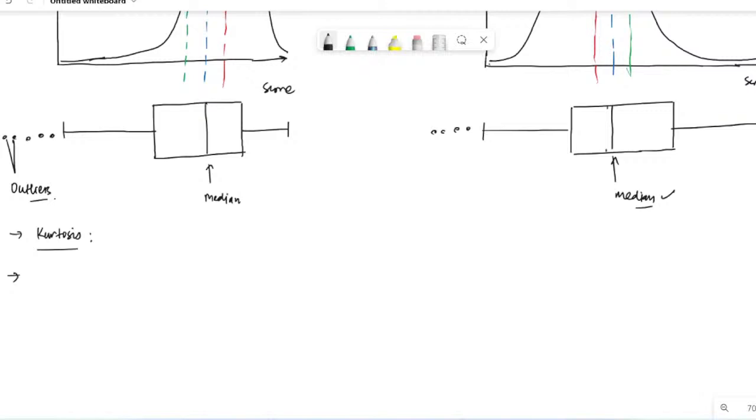So kurtosis usually describes peakedness, which means how sharply the curve peaks.